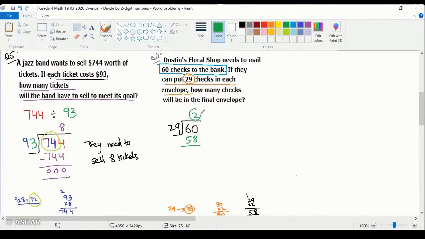That means there are 2 full envelopes, right? And how many are left? 2 checks are left.